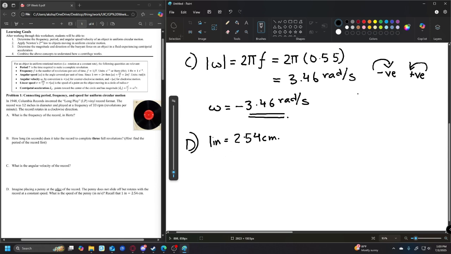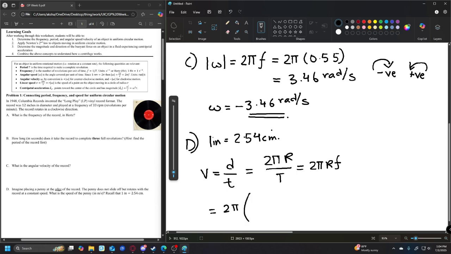Okay, so it completes the circumference in 1 period, right? 1 revolution in 1 period, and the revolution of a circle is the circumference. So the velocity, which we know as distance over time, the distance for a whole circle is 2 pi r divided by the time, and we know the time is just the inverse of the frequency, so we can just get 2 pi r f as the velocity, which then equals 2 pi.